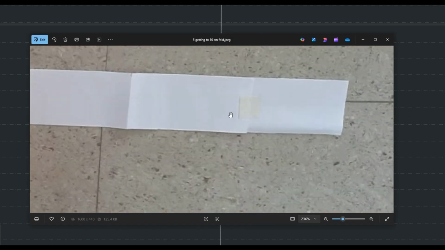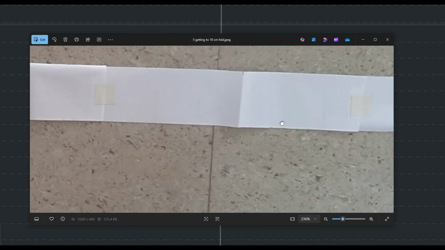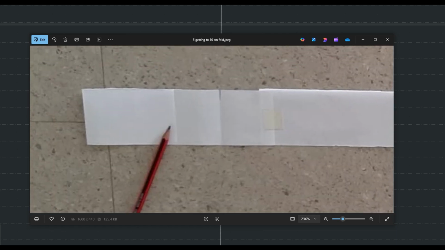I took this end, and I'm folding in such a way that this entire length, if this is, say, 2 centimeter, this has to be 4 centimeter. So I'm folding in such a way that we have this relationship.